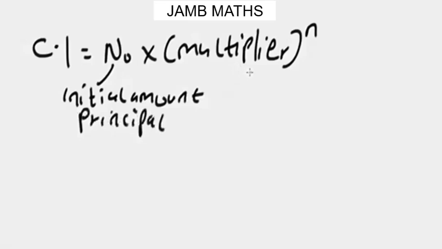Our multiplier is the percentage change multiplier. Now our n is the duration in the question.